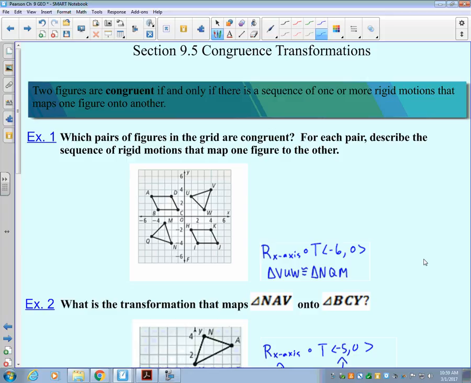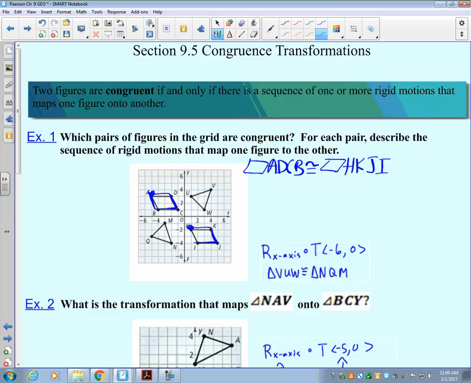Okay, so we can say that ADCB is congruent to parallelogram HKJI. And then it tells us how do we map one onto the other. To do that, we're going to look at just one point.